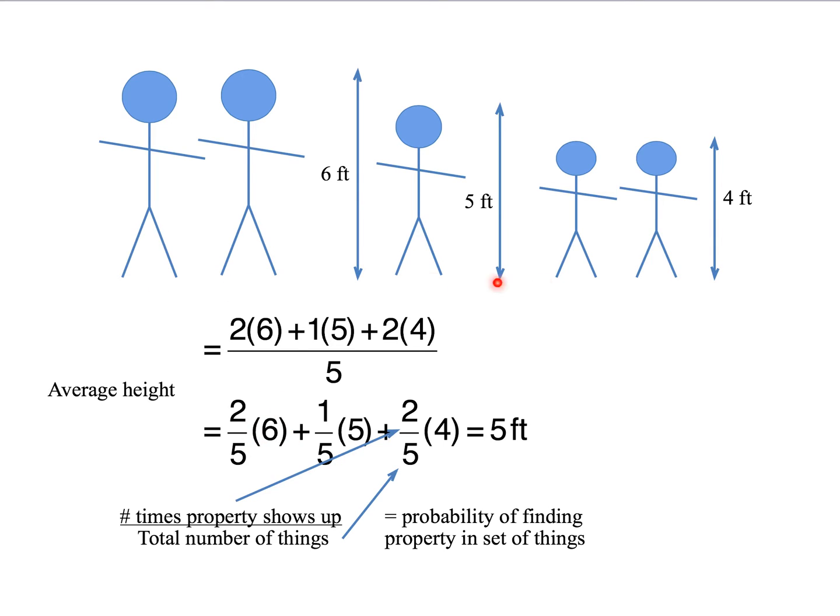So 2/5 of my people are 6 feet tall, and the probability of having someone 6 feet tall in my distribution of heights is 2/5. So if I take the probability of finding that property times that property and add that up for each different value of the property, I should get the average of that property, which in this case is the height.